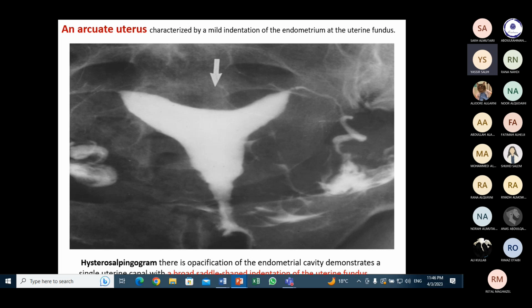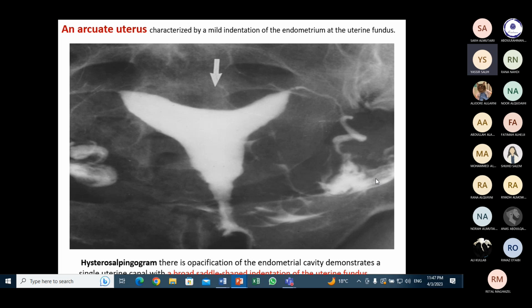We said the lateral ends of the uterine tubes are normally open, so the contrast can pass through, because they are not blindly ended.